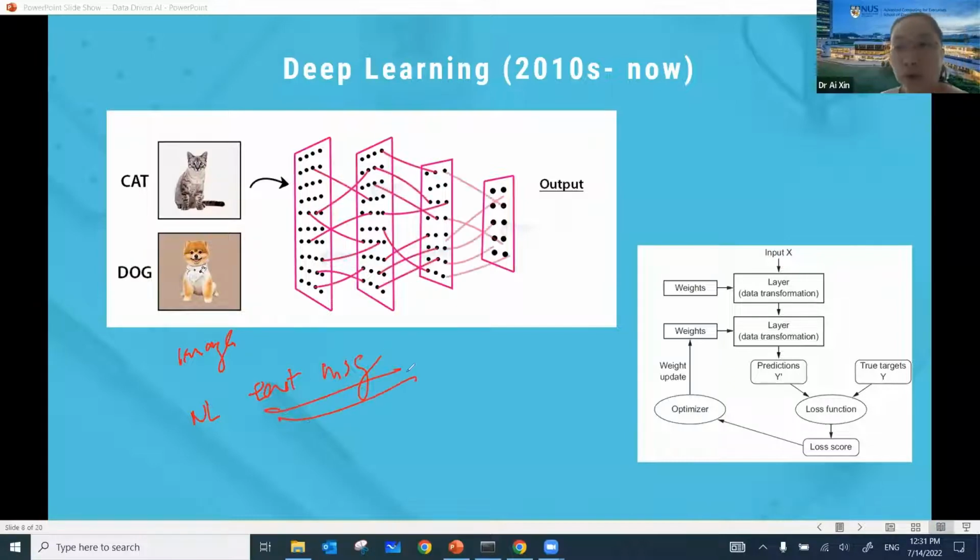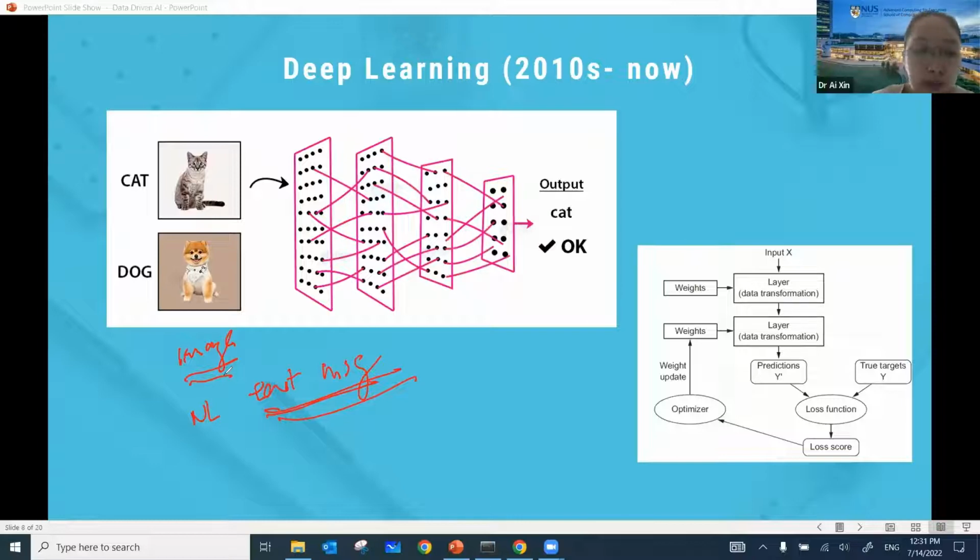So deep learning models can deal with text and images very well. That's why deep learning created another revolution in the AI industry.